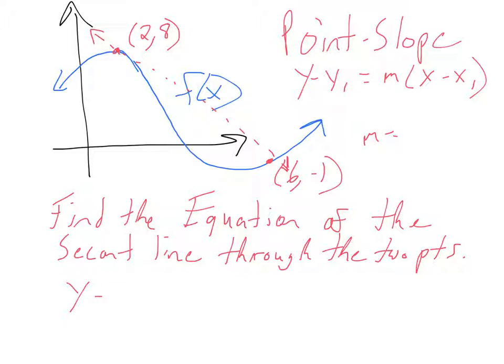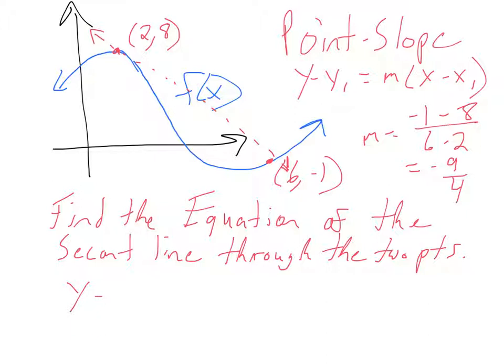And so our slope is going to end up being negative 1 minus 8 over 6 minus 2. So the slope of our secant line, which I actually drew as a poorly drawn dotted line through those 2 points to show you the slope of the line that we're looking for here, is going to be negative 9 over 4, right? So negative 9/4, that's my slope.